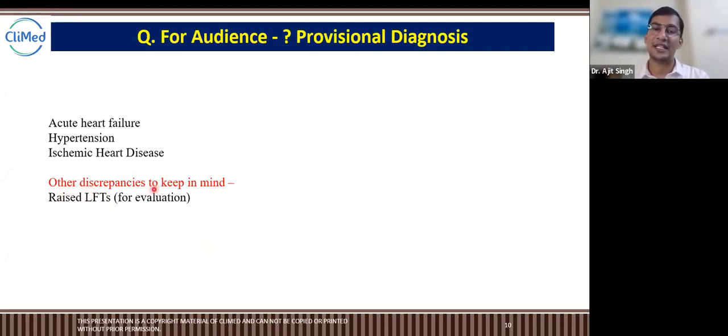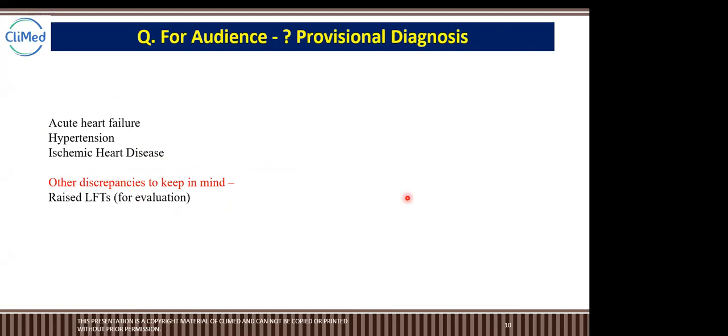So when do we exactly diagnose AKI, can we say at 1.6 creatinine? No, sir, but because urea is in the range.